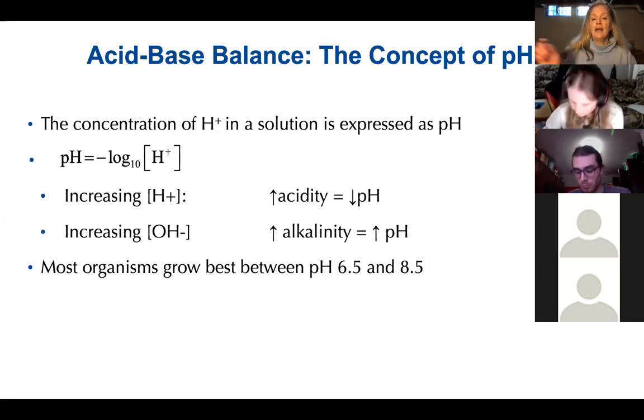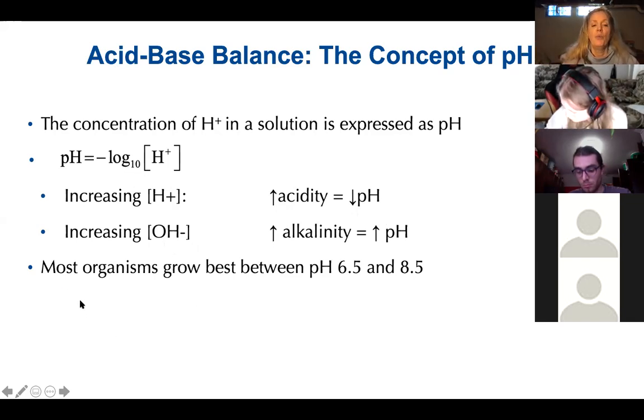We just put things on a logarithmic scale so that we can see things nicely in a graph. So as we increase the amount of H plus, we're increasing our acidity, and we end up dropping our pH. As we increase the amount of OH minus, we're increasing the alkalinity, and we're increasing the pH.